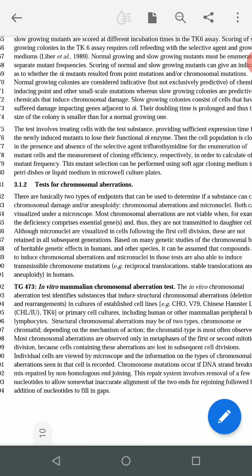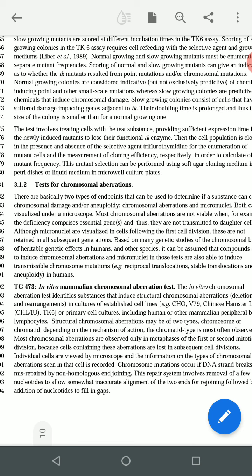Structural chromosomal aberrations may be of two types: chromosome type or chromatid type. That is, damage in the structure may be at the level of the chromosome or at the level of the chromatid, depending on the mechanism of action.